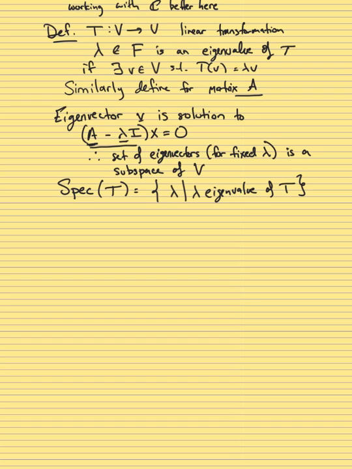Now, we have a linear transformation, we have this definition. How do you figure out what the eigenvectors are, or what the eigenvalues are? It turns out that it helps to first figure out the eigenvalues, and then that helps you figure out the eigenvectors, since you just find the kernel of this transformation. So how do you find eigenvalues?